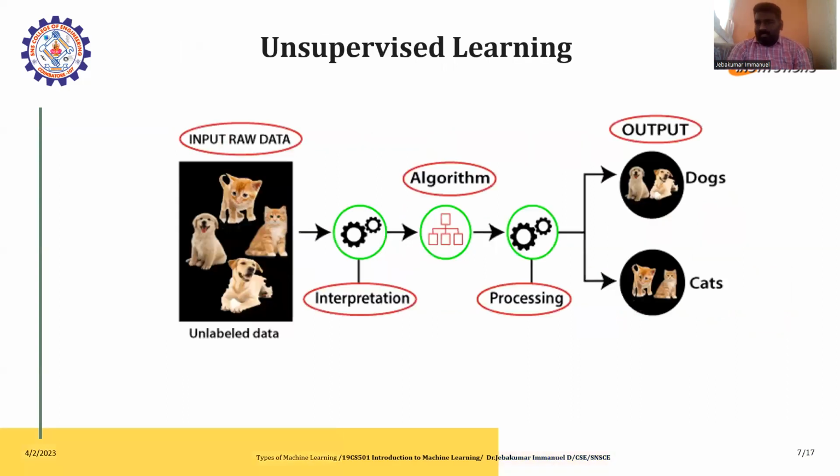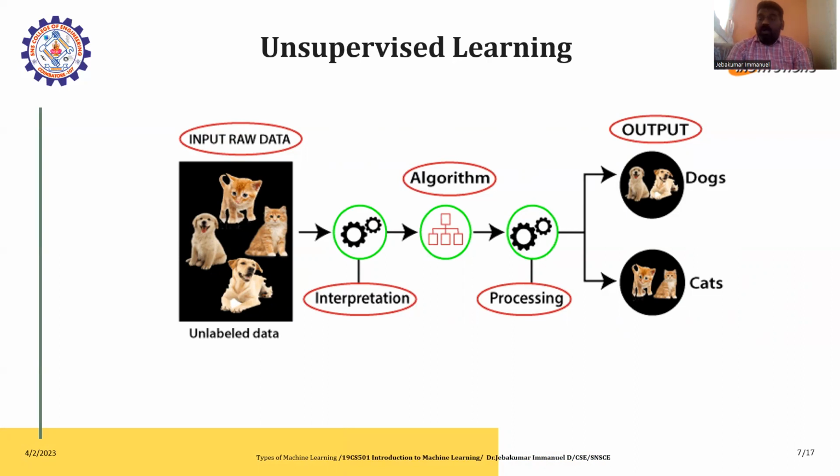See what actually happens. Our input raw data is unlabeled. In our input data there are cats and dogs. Based on our intellect, wisdom and experience, we describe this as a cat and this as a dog.